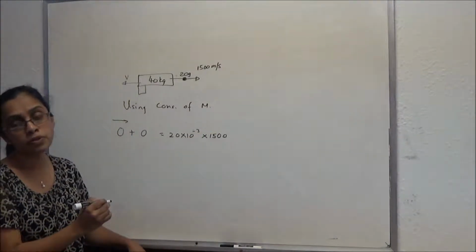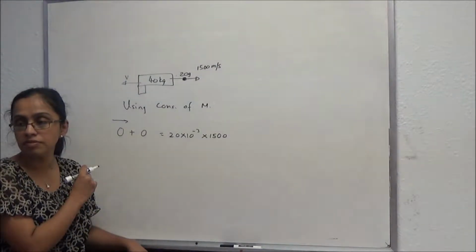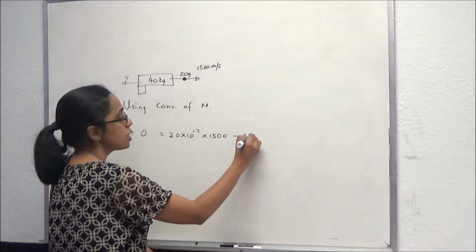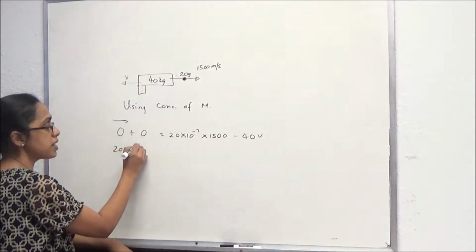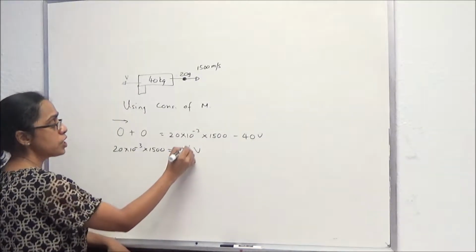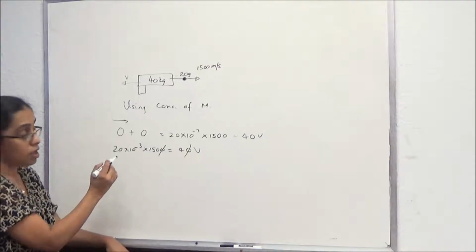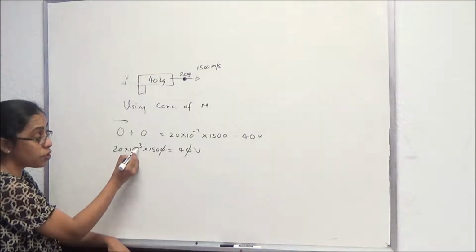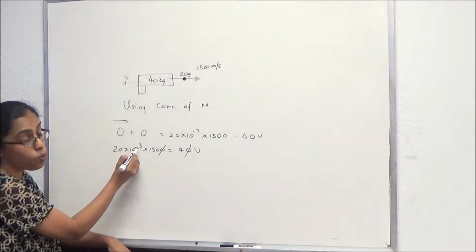Then what happens to the rifle? Should it be positive or negative? Negative, that's right. 40 V. So you will get 20 into 10 to the power minus 3 into 1500 equals negative 40 V. You can get rid of the zeros, and when you cancel them with the negative 3, it becomes negative 1.